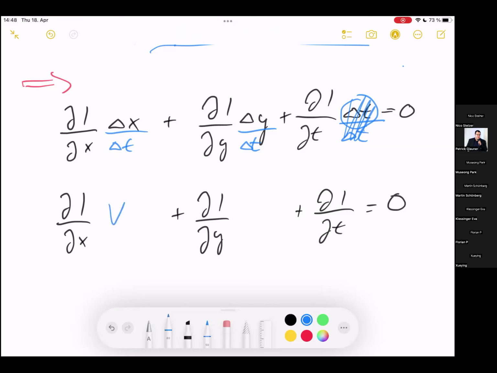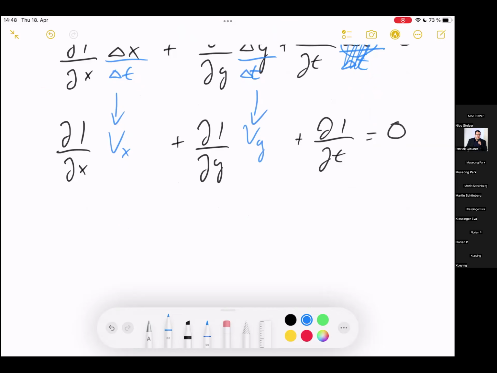And now I call this Vx and Vy. Vx and Vy are just the xy components of the velocity, or the optical flow, of the intensity. So I'm just renaming those, and we can again rewrite this in the next stage a little bit.